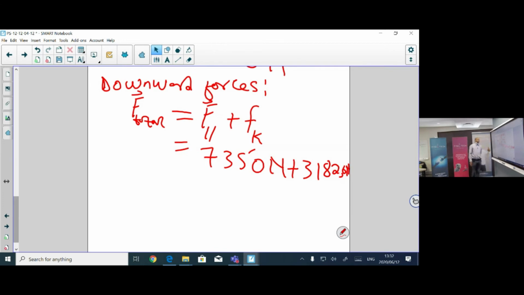These are the forces acting downwards. They are opposing the motion of the object.